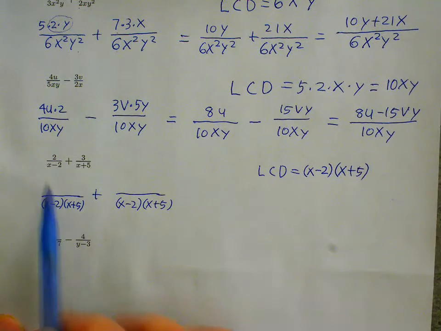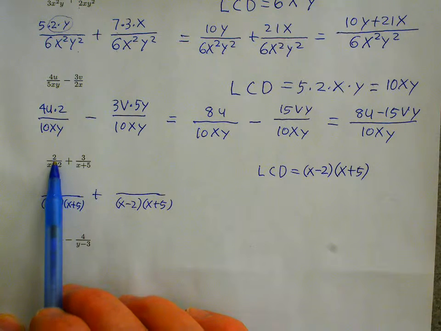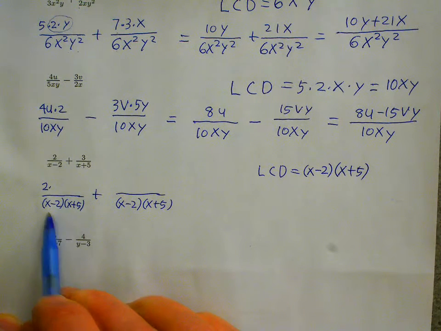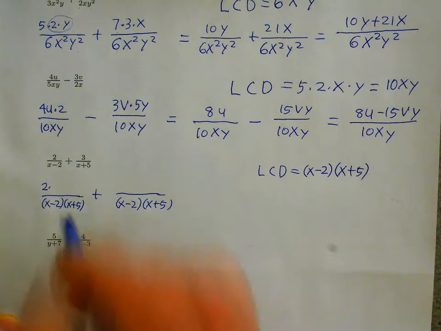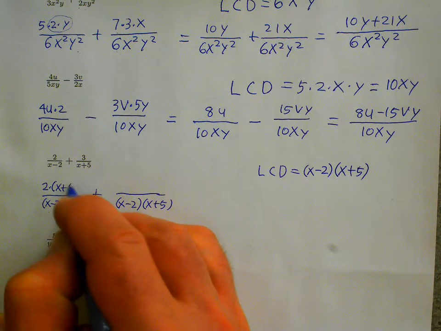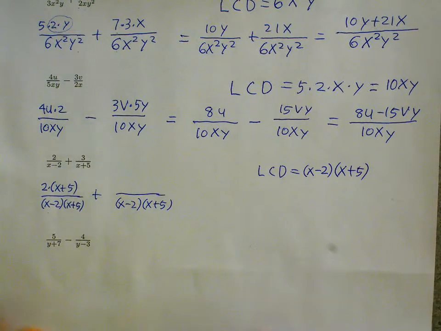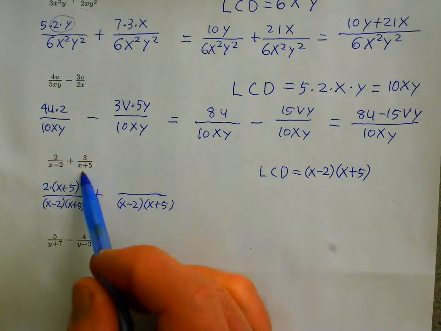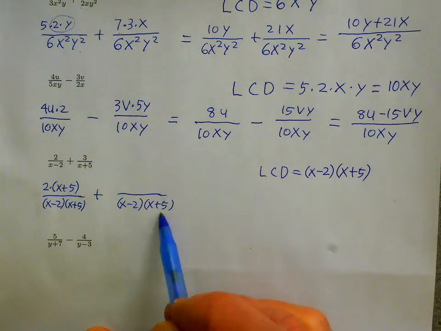So in the original fraction, the numerator has a factor of 2. But in this one, we have to also include a factor of x plus 5. For the other fraction, we started out with a denominator of x plus 5.